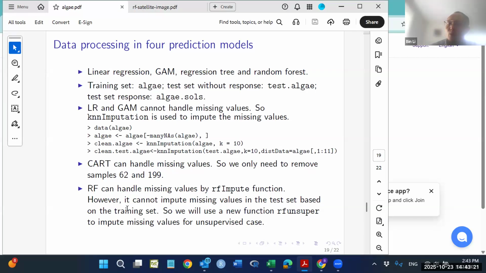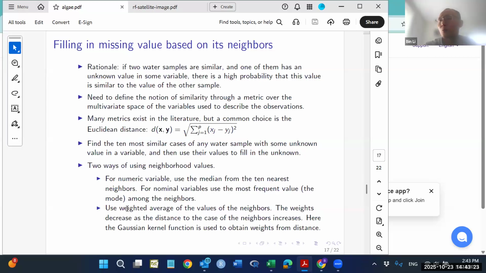The reason I showed you these different ways to handle missing values is so that if your project has some missing values, you can consider which approach you should use to impute these missing values, or just remove them. You can make your own decision.